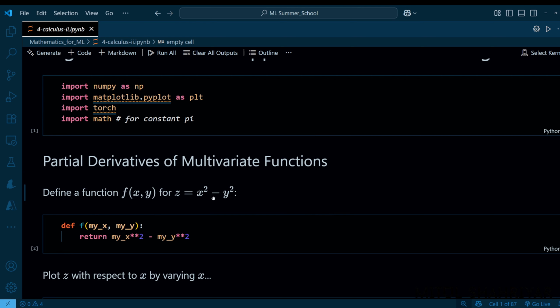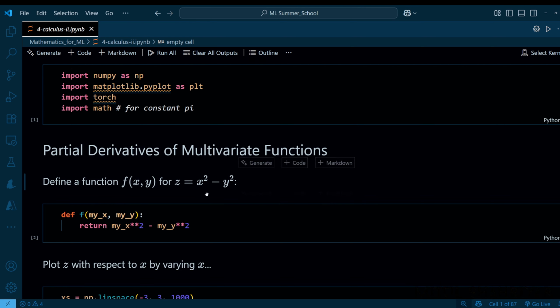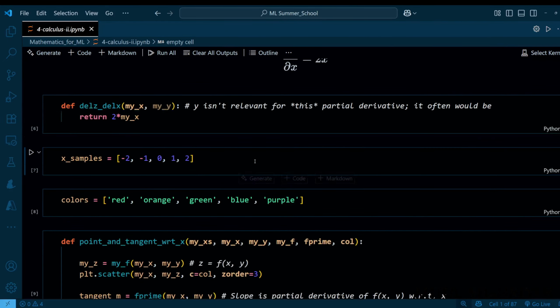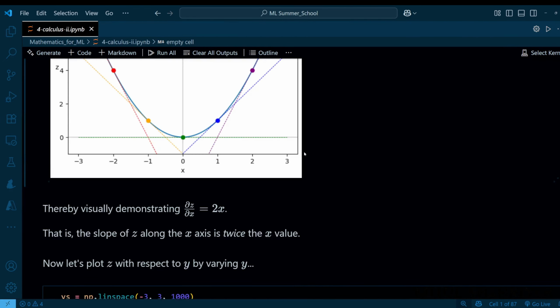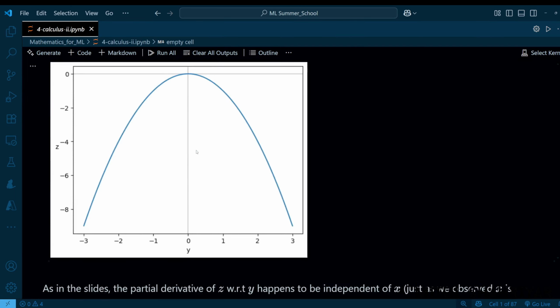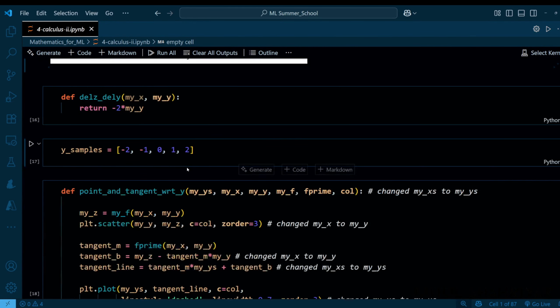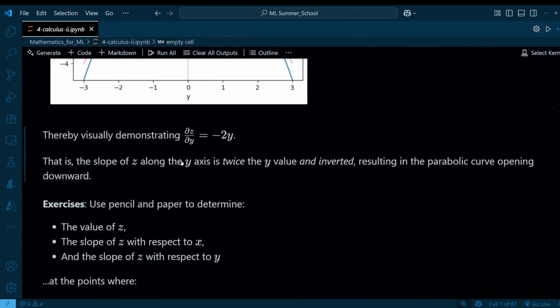Yes, z equals x square minus y square. For this one particularly, you can do it individually. We know it's 2x, and we know it is minus 2y. Obviously you can do that. Here you can see dz by dx is 2x and dz by dy is minus 2y, but you can do it manually, no problem with that.